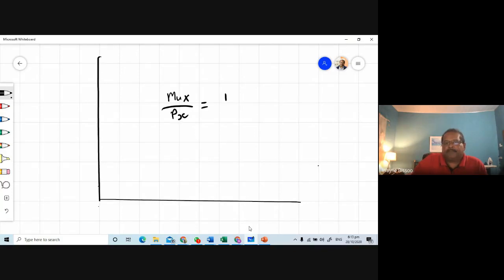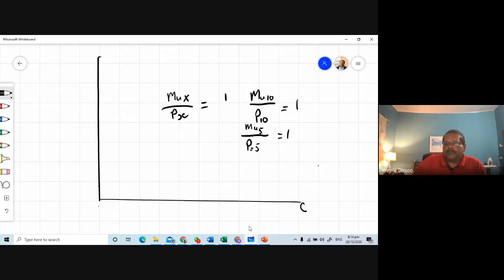So it means that if the price of good X was $10, then the marginal utility that we should be getting from X should be 10 as well. But if the price falls to $5, then for us to be able to balance this, we need to be consuming where the marginal utility is now going to be 5 to be able to get to 1. Now remember our marginal utility curve.